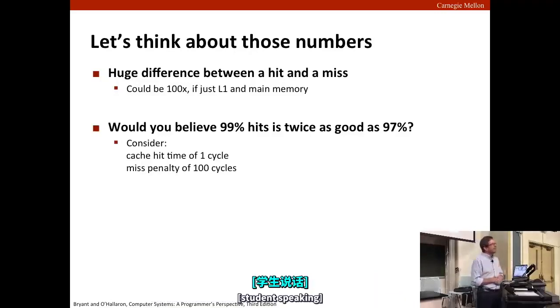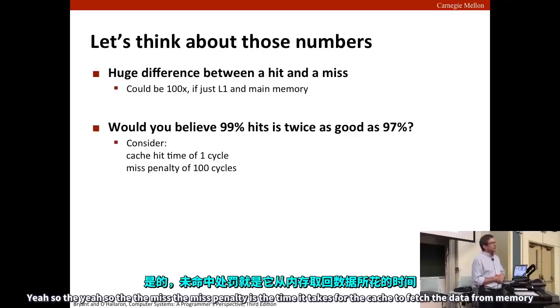So if it is a cache miss, it will include the tag path latency and the memory access latency. Yeah. So the miss penalty is the time it takes for the cache to fetch the data from memory.